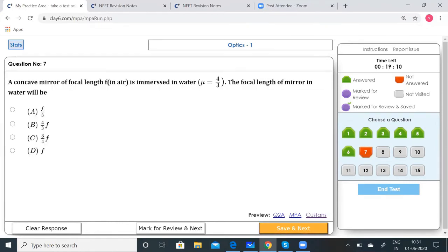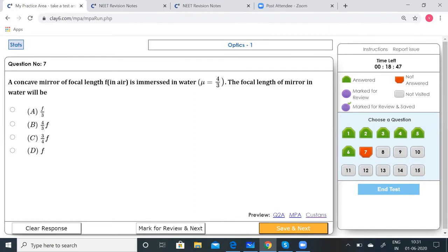Okay. Coming to the 7th one. A concave mirror of focal length f in air is immersed in water, whose refractive index is given by mu equal to 4 by 3. The focal length of the mirror in the water will be what?